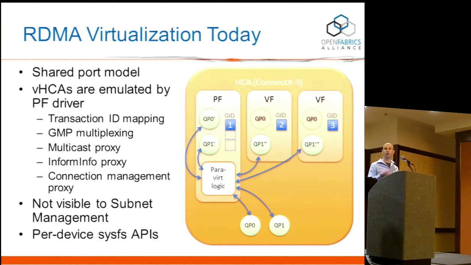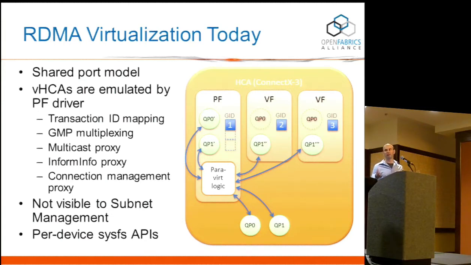So the way we solve that is that the para-virtual logic proxies these multicast memberships to the SM. So it will send only a single membership record request, and it will revoke the membership only when both of the functions have left the group.